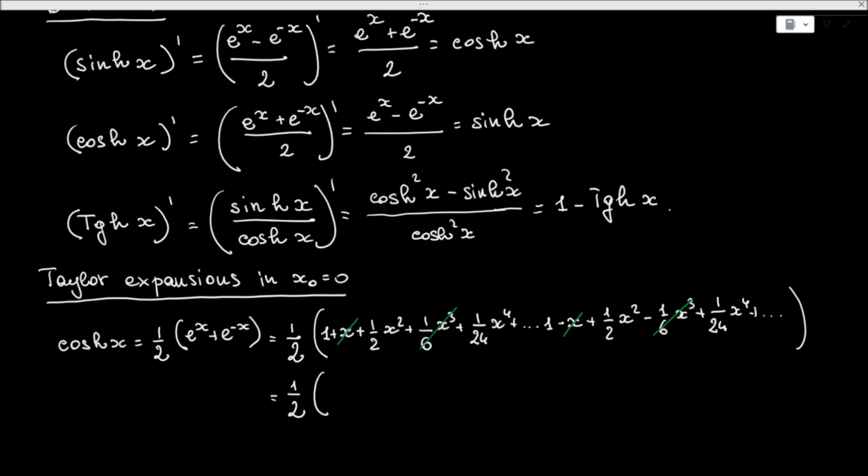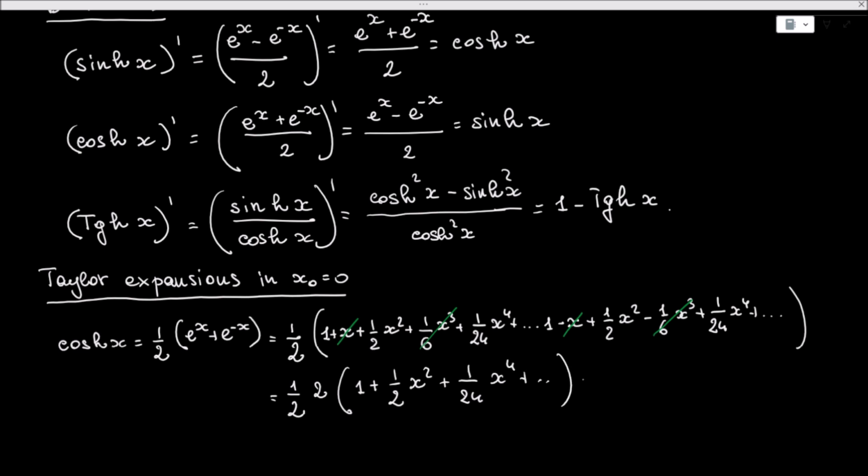If we just add all the remaining terms, we easily see that we have 2 times 1 plus 1/2 x squared plus 1/24 x to the 4th, and so on and so forth.